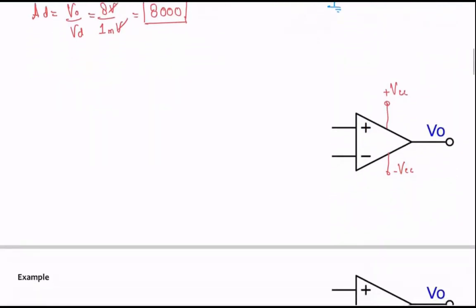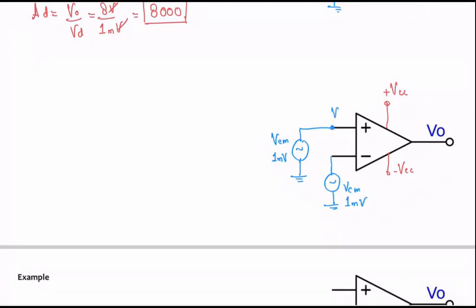Let's work it out. I have the positive terminal with one input signal, which is basically VCM, the common mode signal, and this is 1 millivolt. Again, I have the common mode signal here, same VCM, also 1 millivolt.